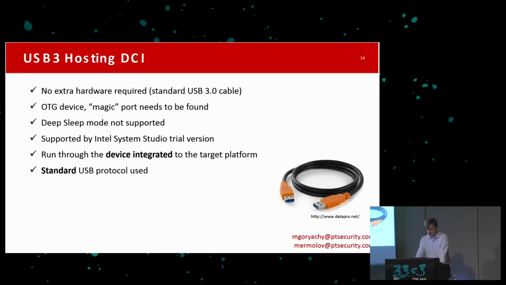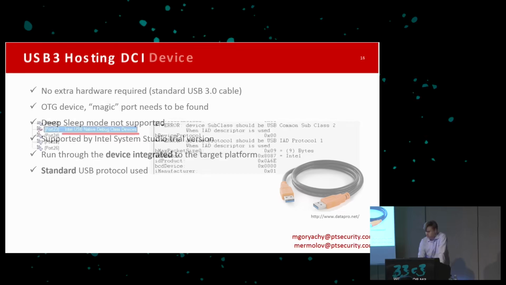USB 3 hosting DCI is a common USB 3 debug cable which works as an OTG device. That means that a special device appears on the host system on activation. It's really true.